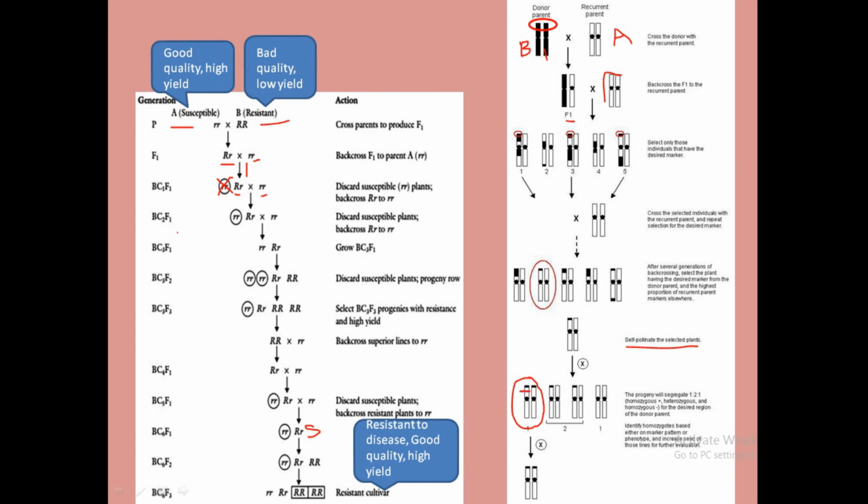Now you can see in the chromosome it has that resistant gene also, that is located here in case of B. So now in the chromosome there is the resistant gene present, and also every other gene that was present in A. So now the variety is resistant to disease, and it is of good quality, of high yield, and it is agronomically adapted to our place. So in this way we can get a good hybrid plant by doing backcross.